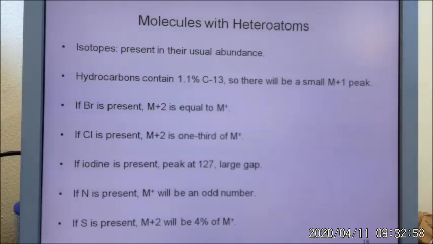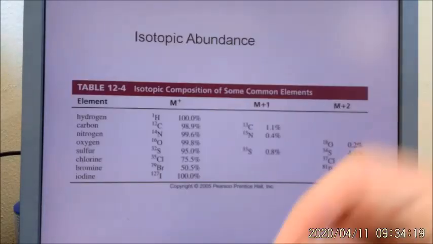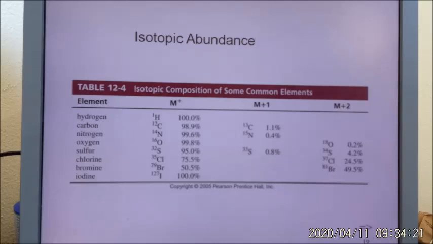And if sulfur is present, sulfur 34 is about 4% of the sulfur 32. So you'll still see a small increase in the height of your M+2 ion. Again, here's your isotope abundance. Okay, let's take hydrogen, pretty much 100%. Deuterium and tritium are extremely small. Carbon-13 is about 1%.